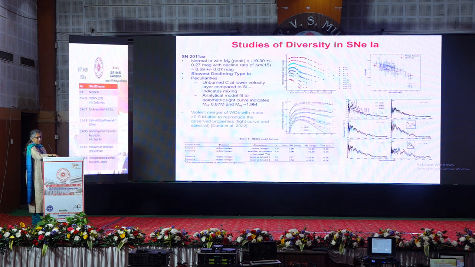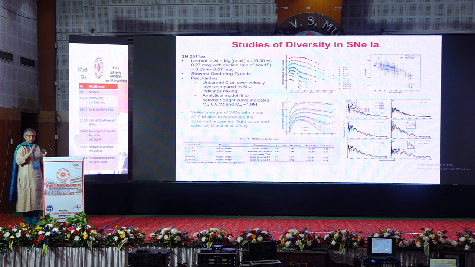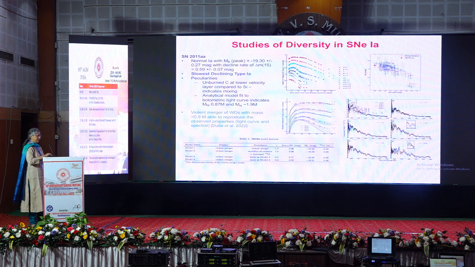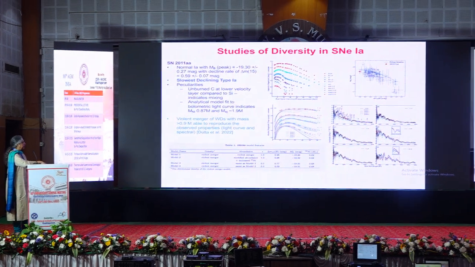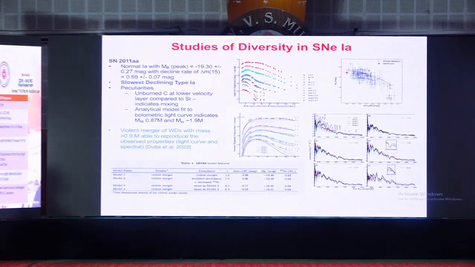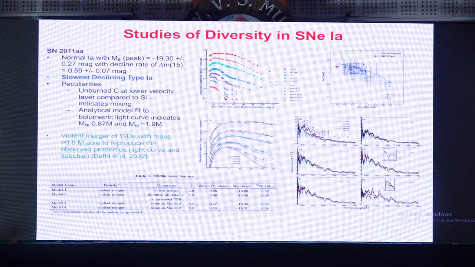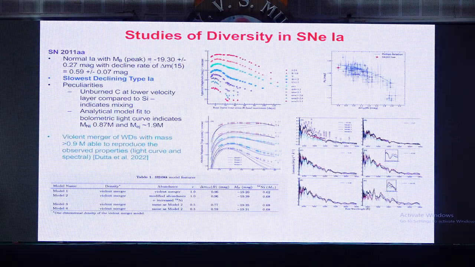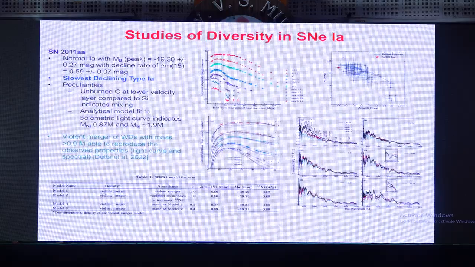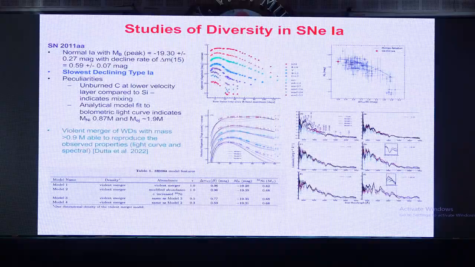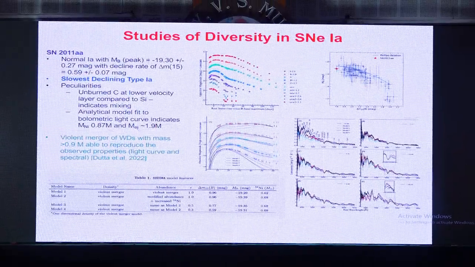The peculiarity that we found in this object was that the unburned carbon was at a lower velocity than the silicon layer, which essentially meant that there was a lot of unburned material inside of the silicon layer. Also, when we fit the analytical model to the bolometric light curve, we found that the ejected mass is about 1.9 solar mass, which obviously is much higher than a single white dwarf. So this necessarily had to be a merger of two white dwarfs.